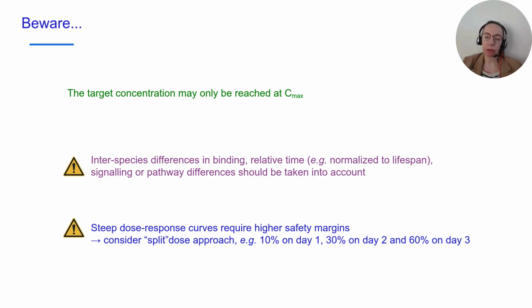For instance, for TLR agonists, you often have a kind of on-off response. So here it is really advised to start either from the LEC or from the MABEL approach. You may also consider a split dose approach to dosing. For instance, you only give 10% of the dose on day 1, 30% on day 2, 60% on day 3.